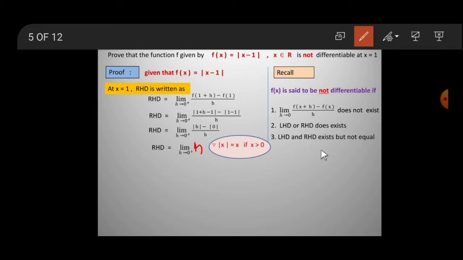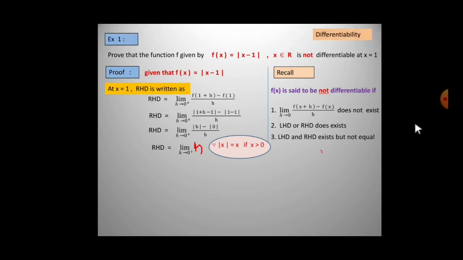Okay, I hope you understood. And then divided by h as it is. Modulus of 0 is 0. Now h and h get cancelled, so it becomes 1. So what is the limit of 1? Limit of 1 as h tends to 0 is 1. Therefore right hand derivative value is 1.